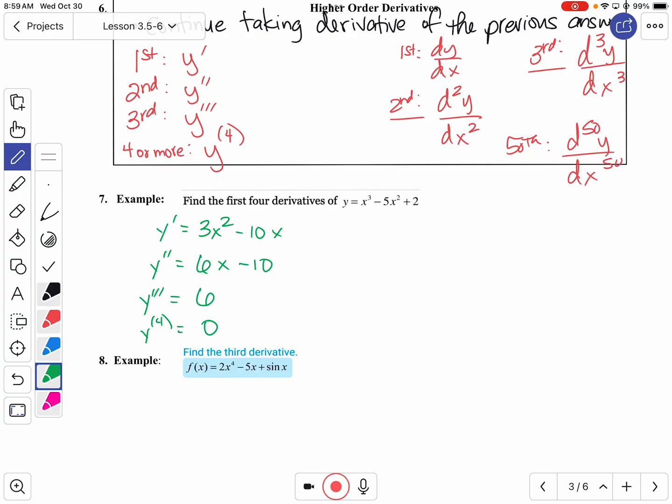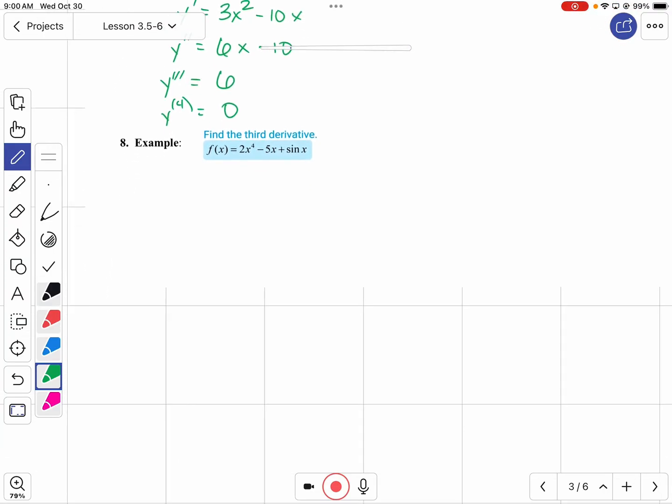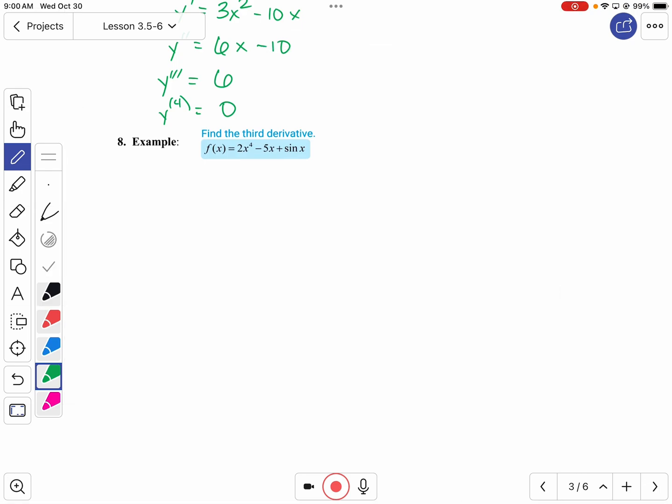Find the third derivative. All right, so f prime would give me 8x cubed minus 5 plus cosine.